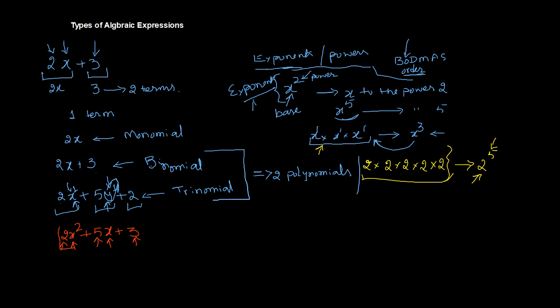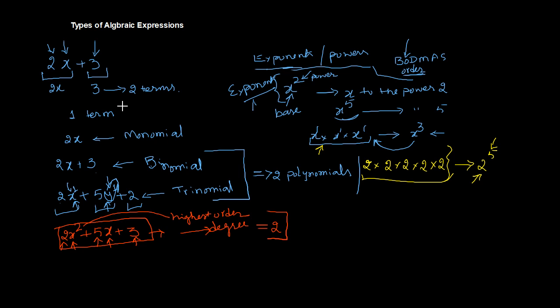If you look at this expression, the highest order or highest degree of this expression is 2. In the sense, the highest power in this expression is 2. So that's why the degree of this expression is 2. Understand this, because when we go to equations, we'll be able to differentiate equations based on degrees.